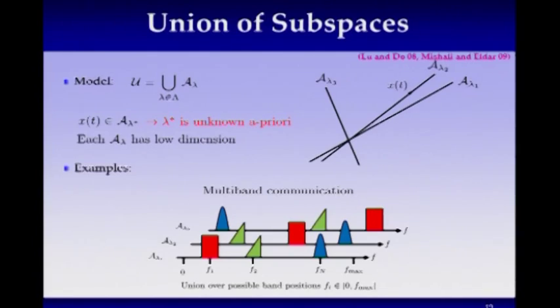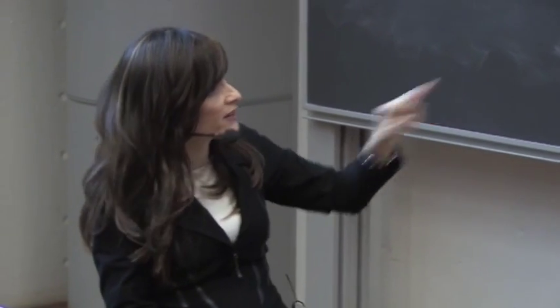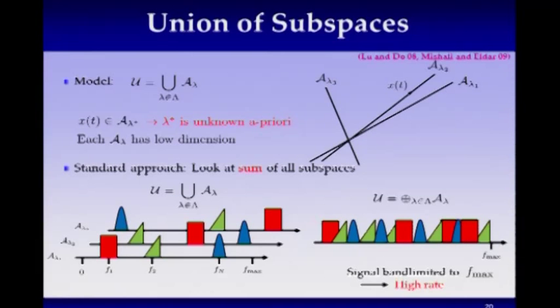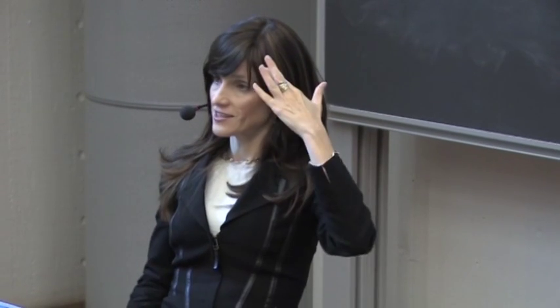Now, the standard approach is to look at sums. That's what we normally do in signal processing. And if you looked here at the sum of the subspaces, what you would get is any possible signal that has energy from 0 to F max. Okay, this is what the sum of all of these is. And this, in fact, requires you to sample at the Nyquist rate, right? Because it increases the dimension.